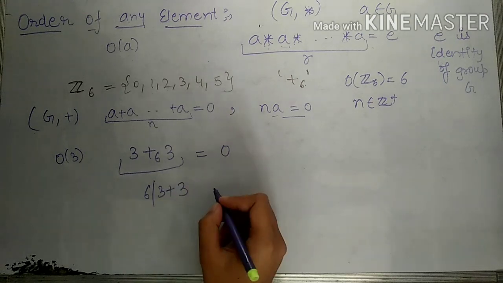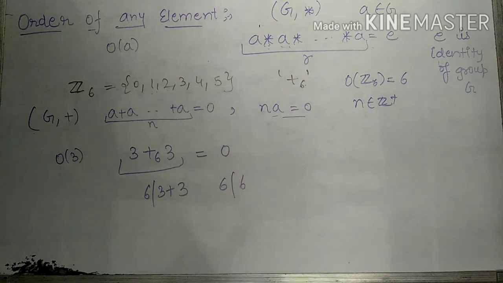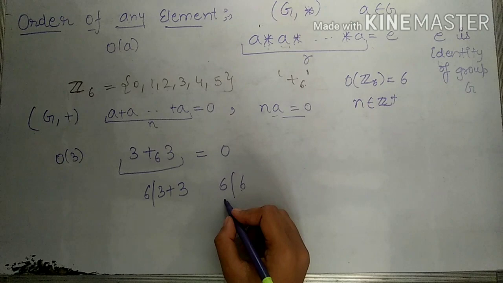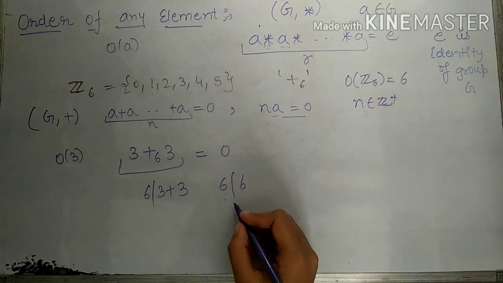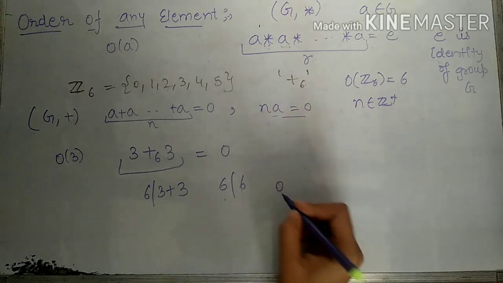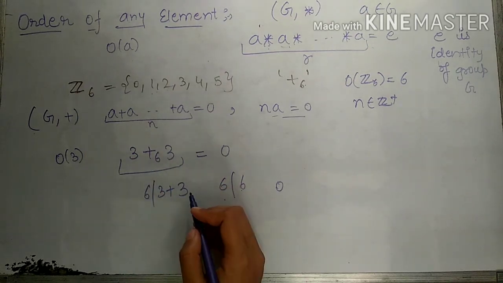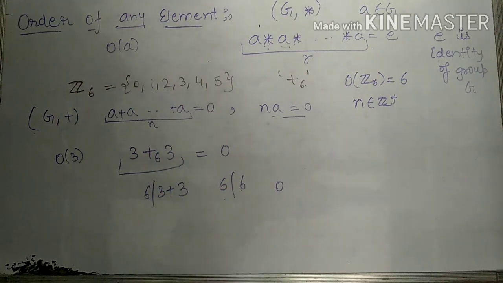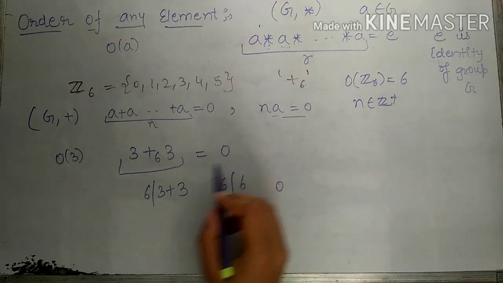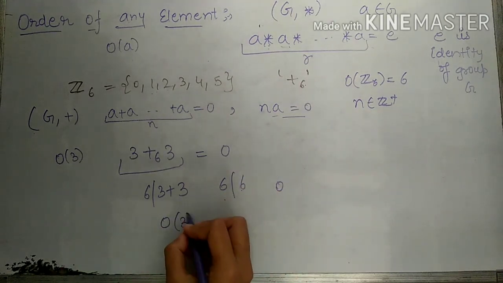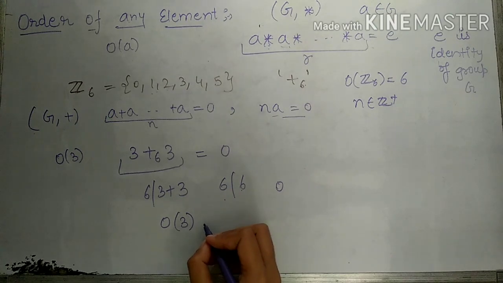That is, the remainder when 6 divides 6. And we know 6 is divisible by 6, so its remainder will be 0. So we operated 3 two times and we get the result 0. So the order of 3 will be equal to 2.